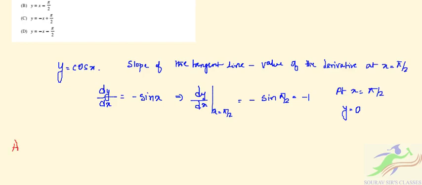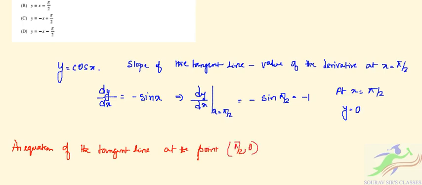An equation of the tangent line at the point: x is pi by 2 and y is 0, so therefore y equal to minus 1, that is the slope we have, times x minus pi by 2, plus 0.